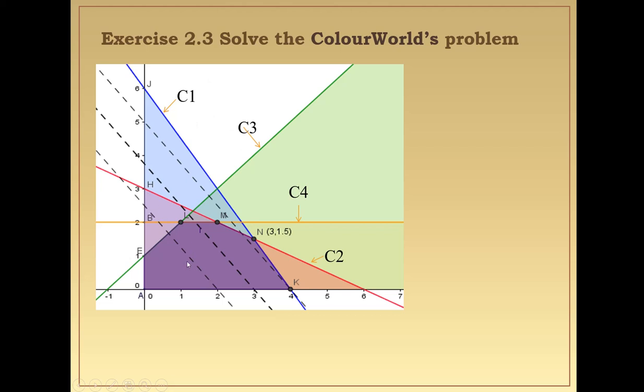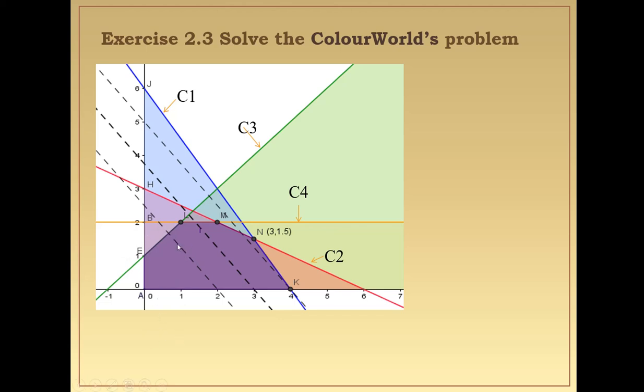Now, when Z is 10, you get this objective line or isoprofit line. Since we want to maximize the profit, we need to move the line upward, parallelly upward.